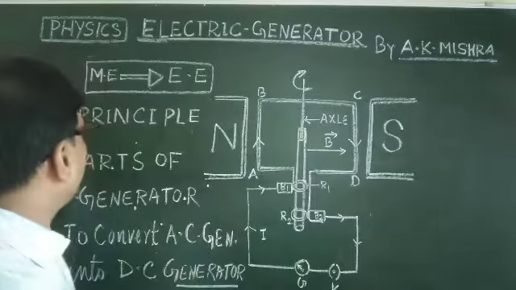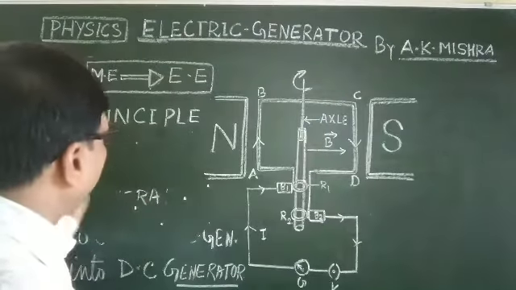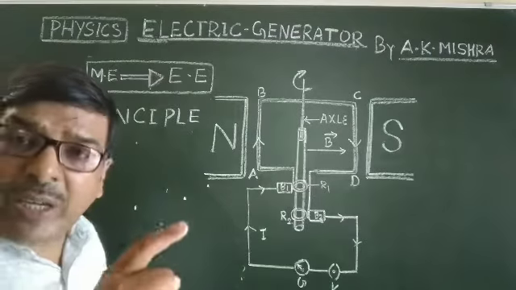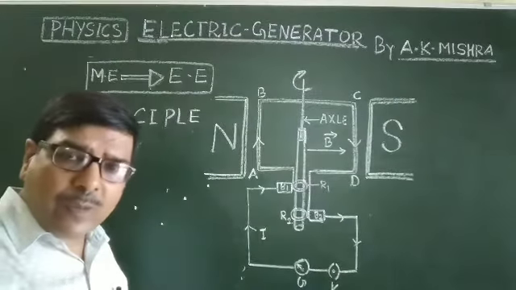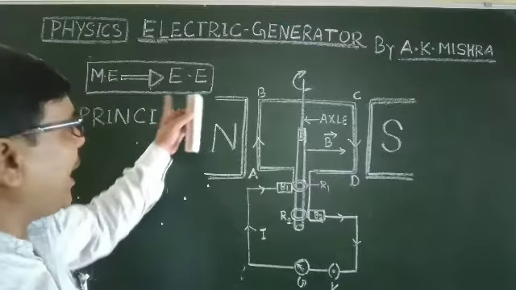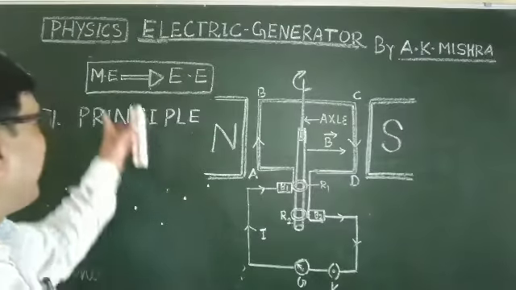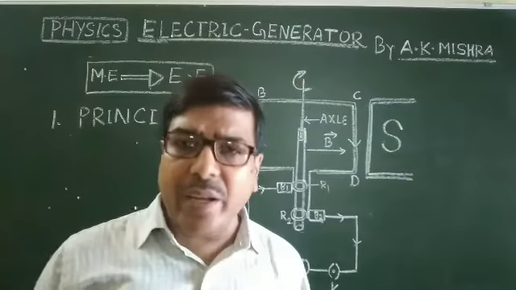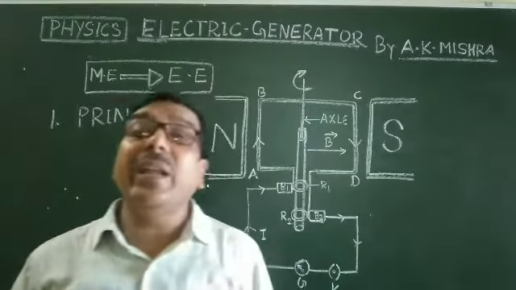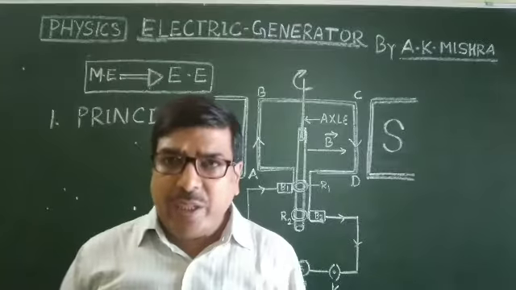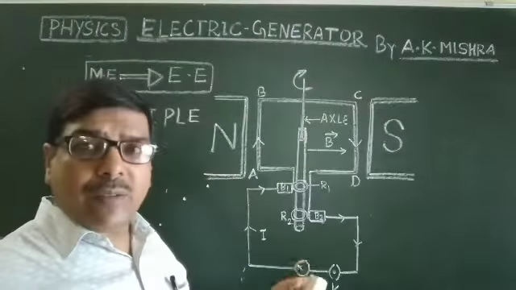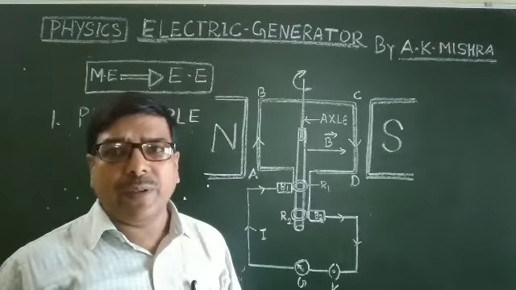Okay, students, I am going to explain again. It is a machine, a device, that converts mechanical energy into electrical energy. The mechanical energy is used to rotate the coil in a magnetic field.